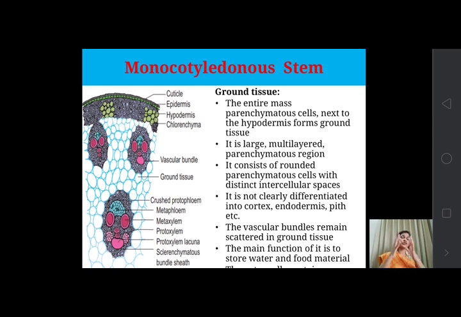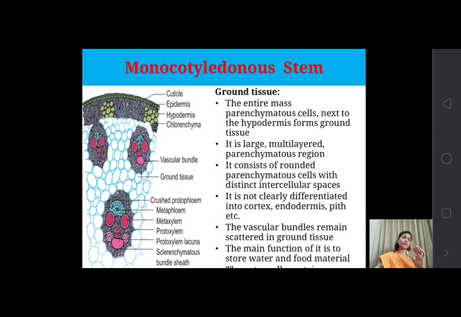So the ground tissues are present everywhere from the hypodermis up to the center. Only ground tissues are present, and in this ground tissue there is a presence of vascular bundles, and as there is no demarcation line, these vascular bundles are also freely scattered everywhere in the ground tissue. Okay, so this is about the ground tissue.